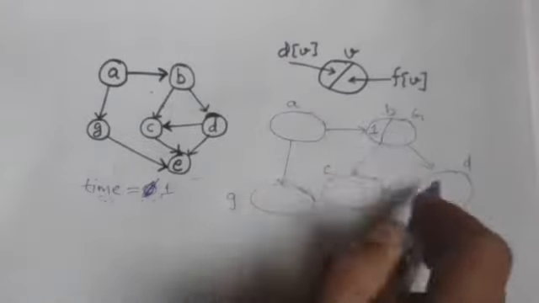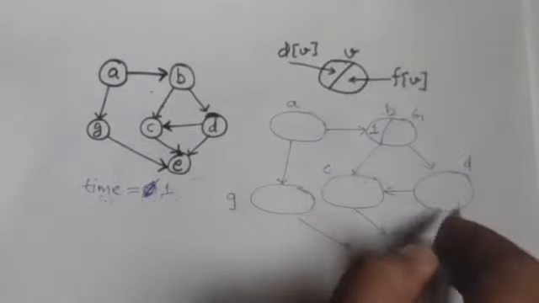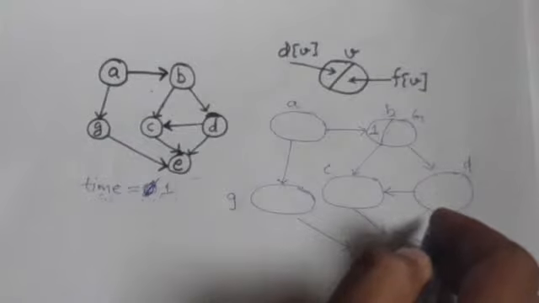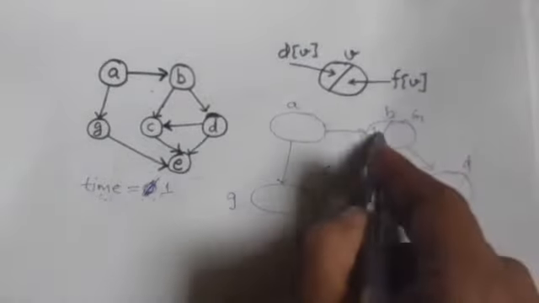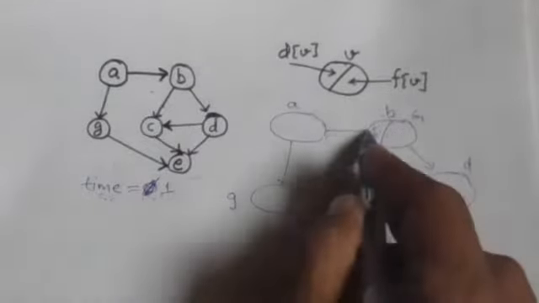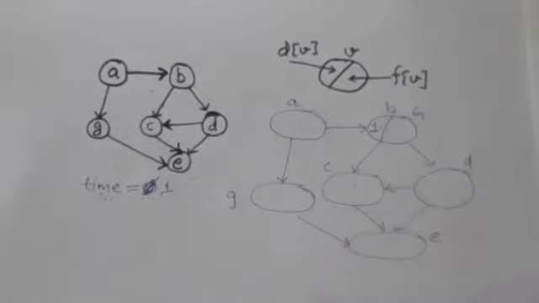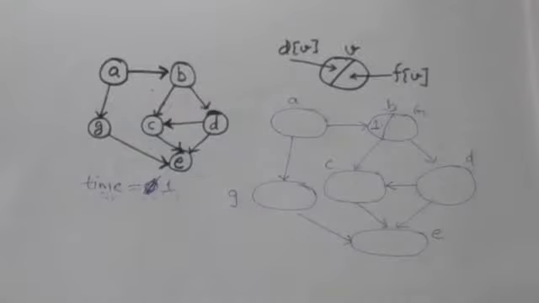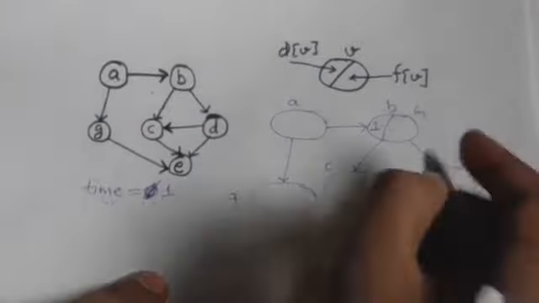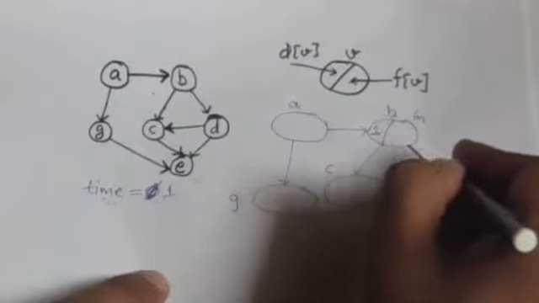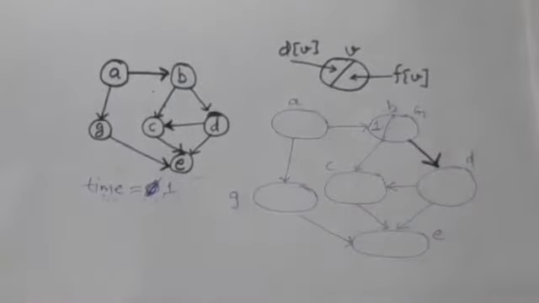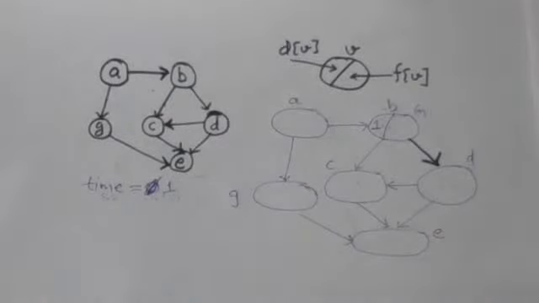Vertex d is adjacent to vertex b and its color is white. So what will we do? We will set vertex b as the predecessor of vertex d, right? Now vertex b has been set as the predecessor of vertex d, right?